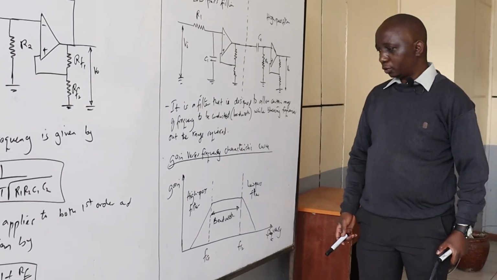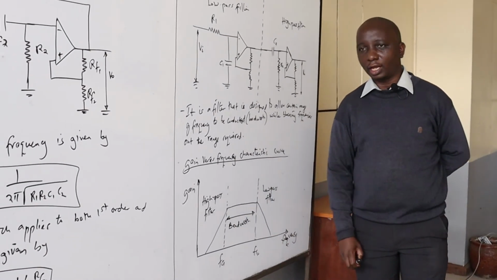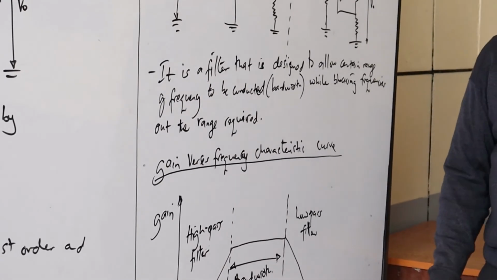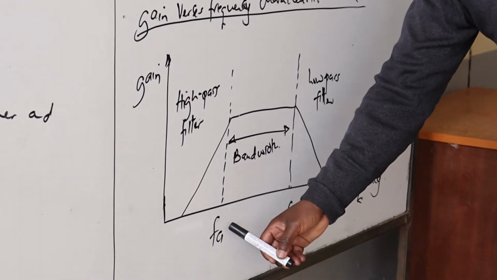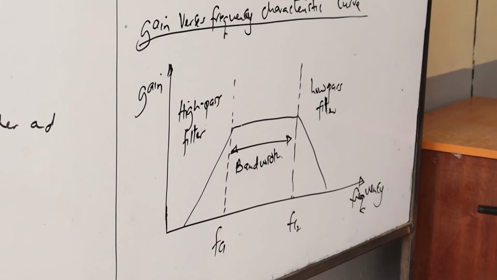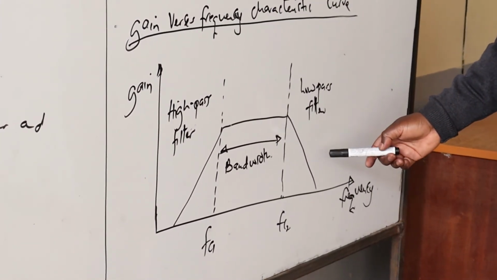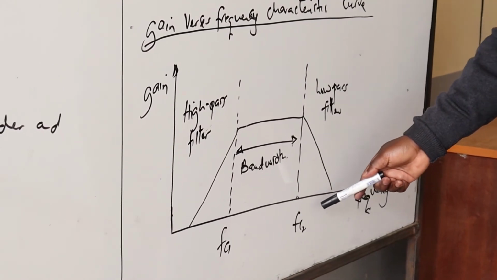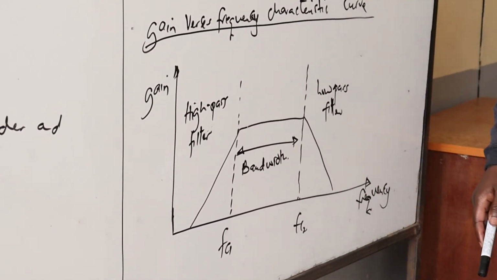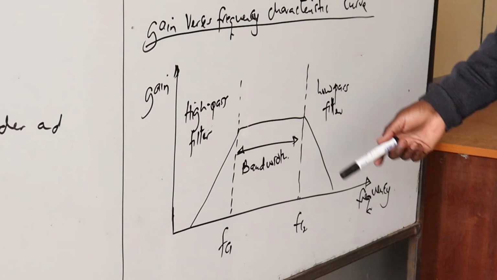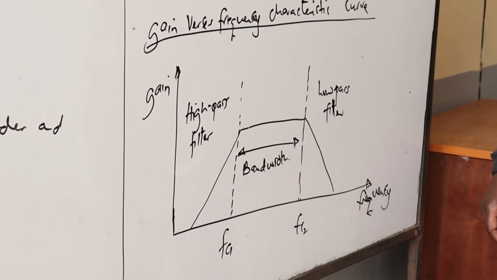At the lower end, there's a high-pass filter connection because we are only conducting frequencies above FC1. And at the right hand, we are going to have the low-pass filter, because we are going to conduct frequencies below the cutoff. So when the two are combined, we have the sketch of this diagram.